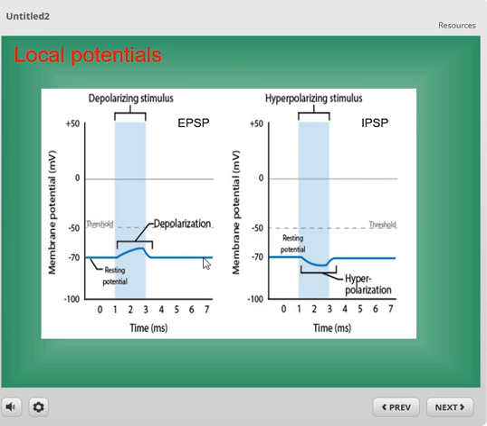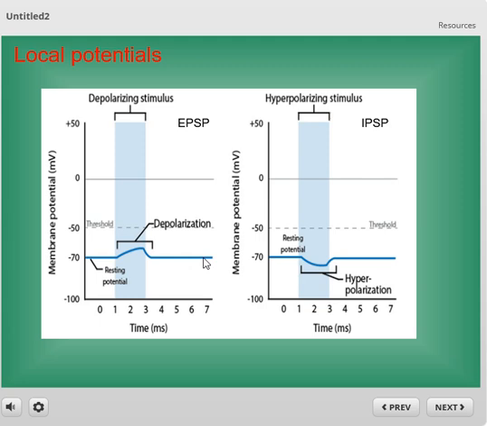The right graph shows the IPSP. The IPSP is generated when a presynaptic neuron transmits an inhibitory stimulus to the postsynaptic neuron. This stimulus can cause a more negative charge in the postsynaptic neuron, and it causes a temporary decrease in the postsynaptic membrane potential and decreases the likelihood of its excitation.